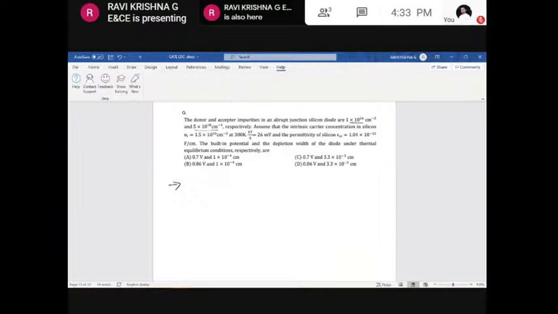That is, the donor concentration Nd is 1 × 10 to the power 16 atoms per cubic centimeter, and the acceptor concentration Na is 5 × 10 to the power 18 atoms per cubic centimeter. I just give the idea here. You can solve this on your own.